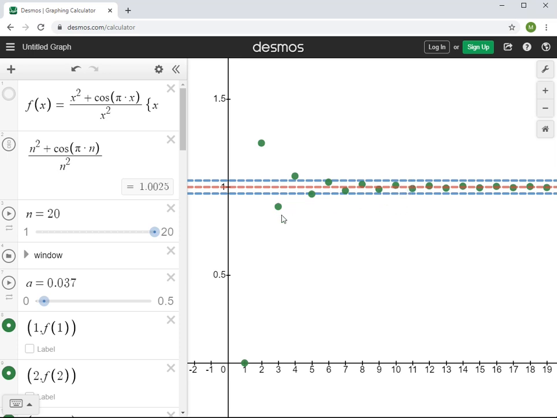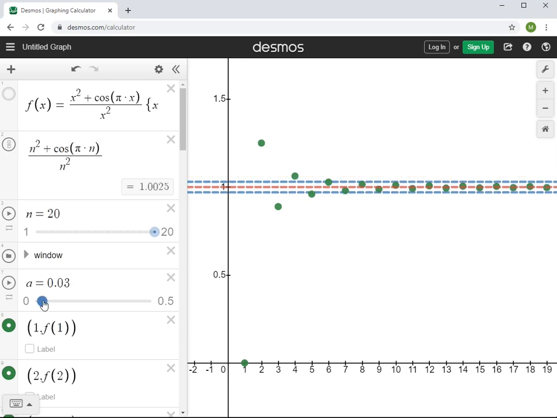So you might miss a few terms at the front end, like here my threshold is 0.037. Notice the first, second, third, fourth, and kind of borderline there with the fifth term, they all fall out of that window. But then everything past this term, they all fall within.